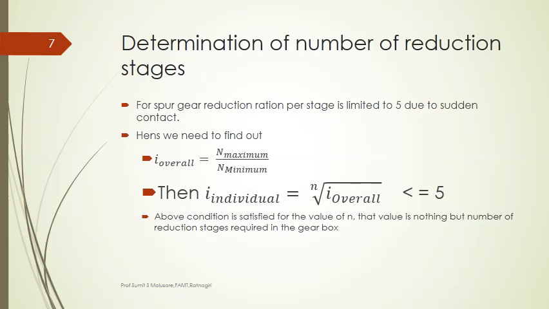The square root of 12 is less than 5, so we go for a two-stage reduction gearbox. Suppose I overall is equal to 30. Then the square root of 30 is not less than 5, so we have to go for the cube root. It means we have to go for a 3-stage reduction unit. Then we calculate the reduction ratio for each stage from this equation.